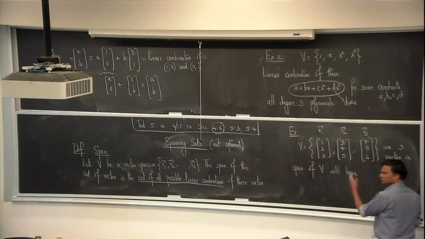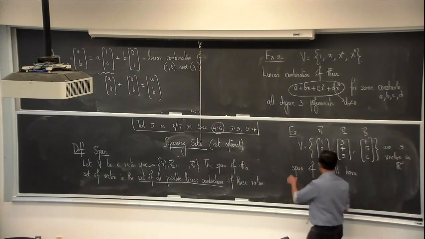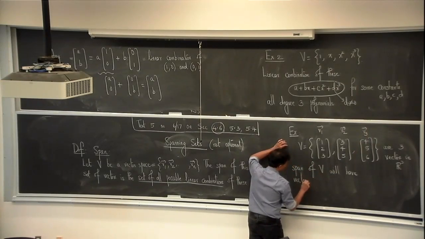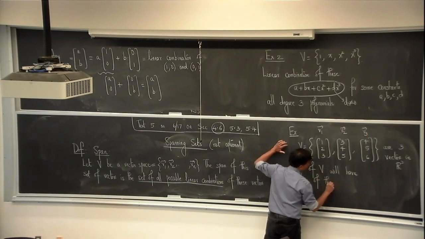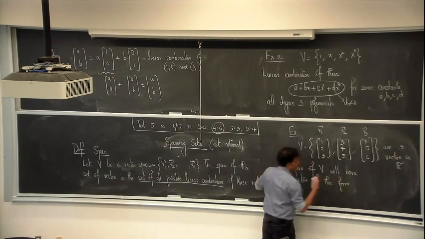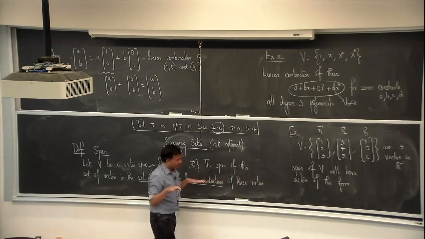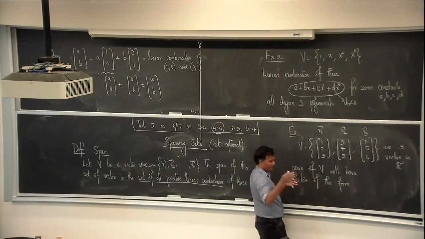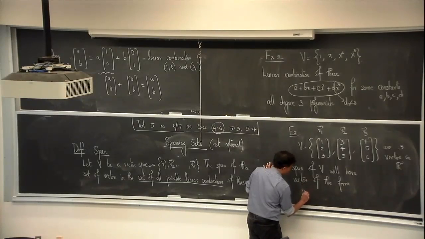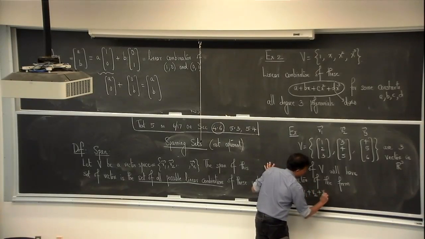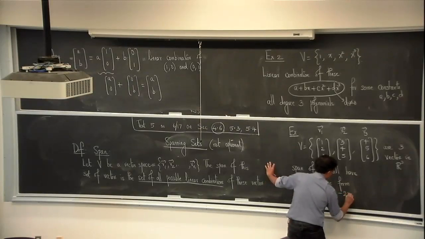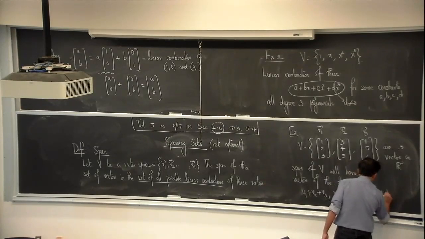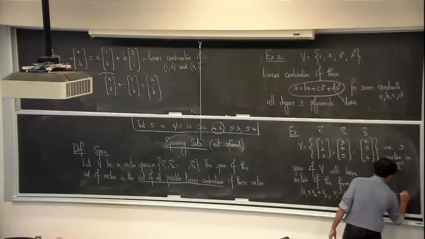So the span of V will have vectors of the form, and this is for those of you who want a plain language way of writing it, this is not the only list, but it's an infinite list of vectors of this form: V1 plus V2 plus V3, V1 minus 2V2 plus 5V3, V1 plus 1/2 V2 minus 3/7 V3.